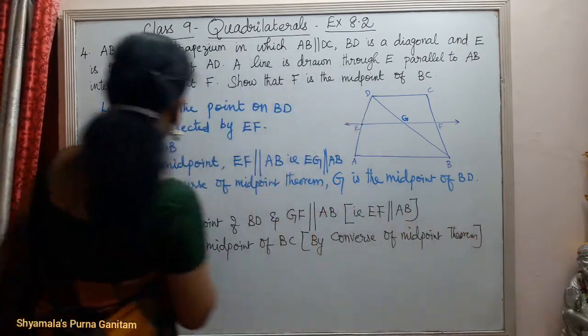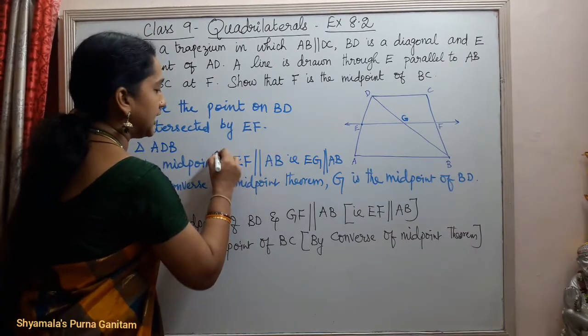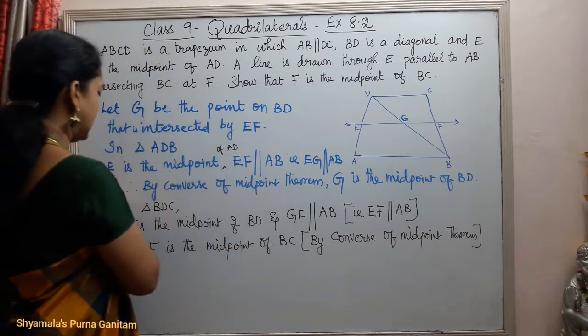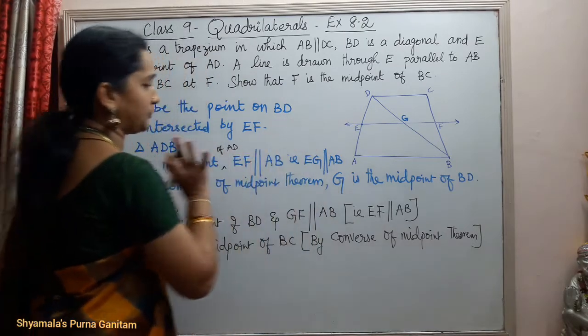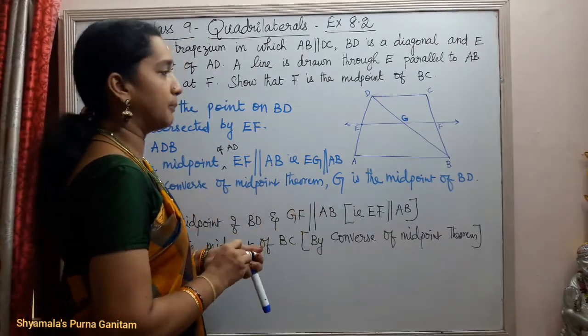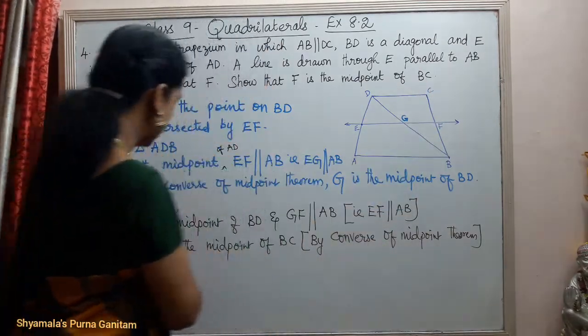Here also, E is the midpoint of AD. So, by the converse of the midpoint theorem, we have proved that F is the midpoint of BC.